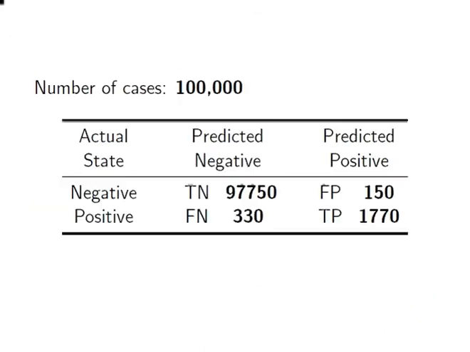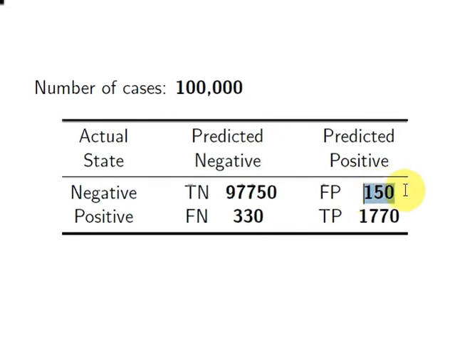Now, say we have 100,000 patients, and we have 97,000 patients that, according to some tests, are healthy and diagnosed as healthy. What we might be interested in here is the total number of people who are predicted to be ill when in fact they're healthy.